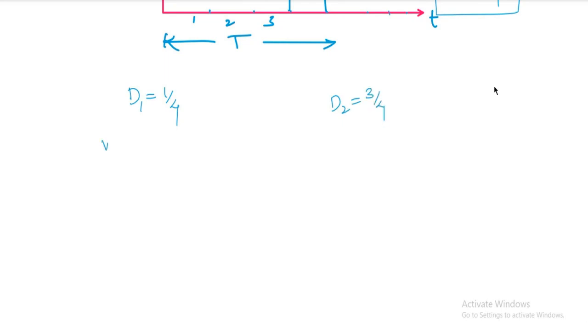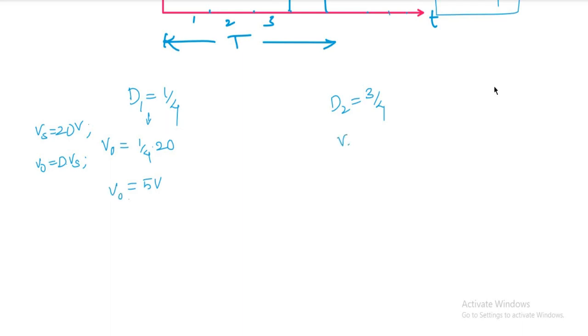If we want to find the output voltage for a buck converter with supply voltage of 20 volts, what will be the output voltage for D1? For a buck converter, V0 is D into Vs, so 1 by 4 into 20 is 5 volts.